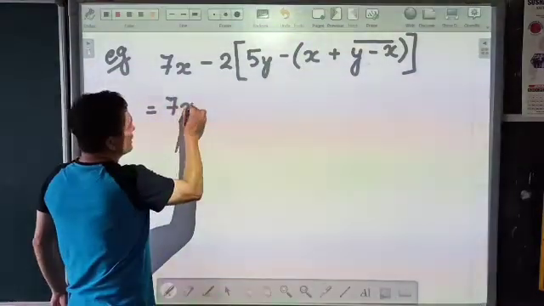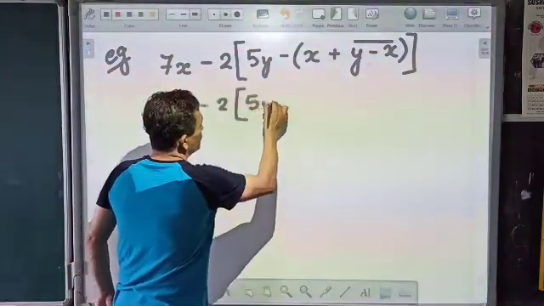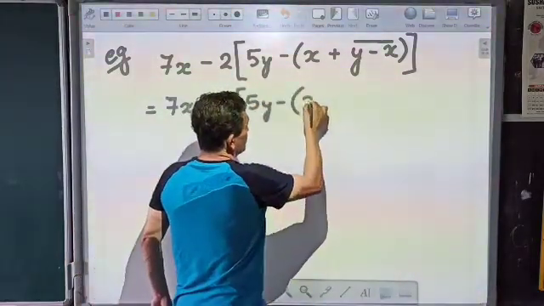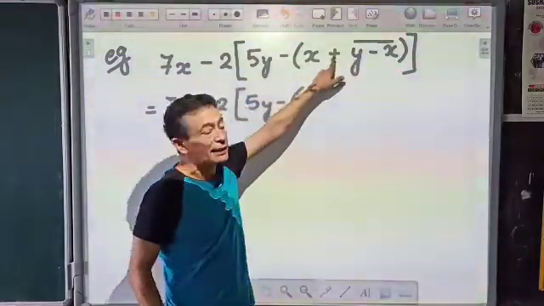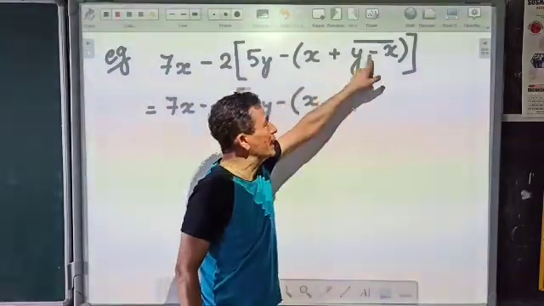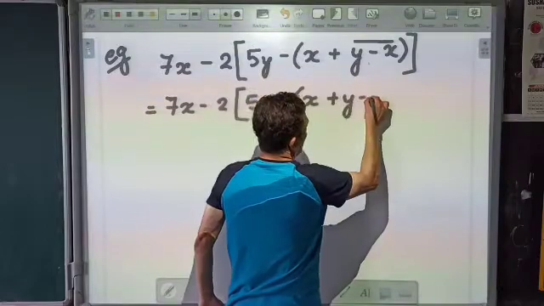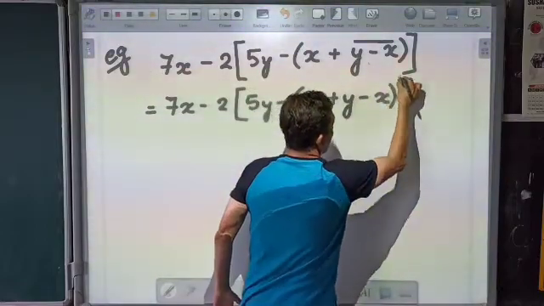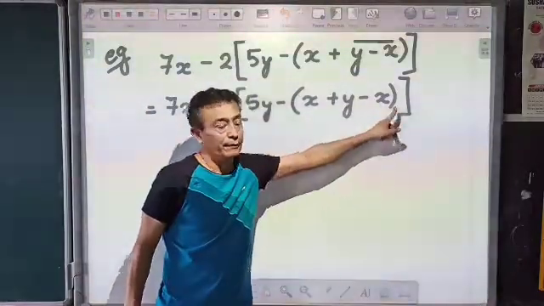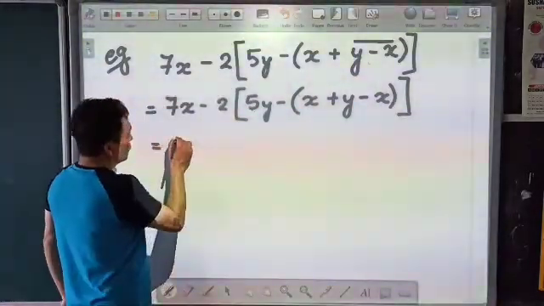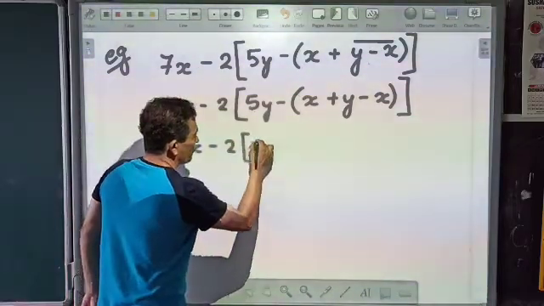So 7x minus 2 times 5y minus x. Now this is what I'm working on. I have a plus sign outside the bar bracket. Signs will remain the same. So this remains as plus y minus x. My next step is to work out the common bracket. So 7x minus 2 times 5y.